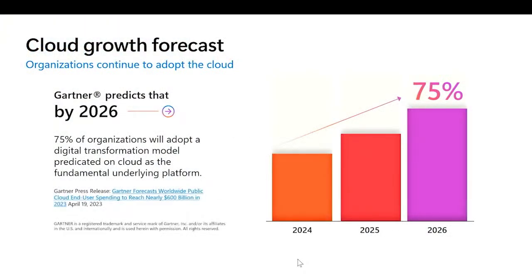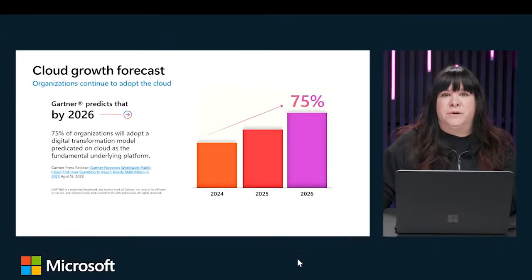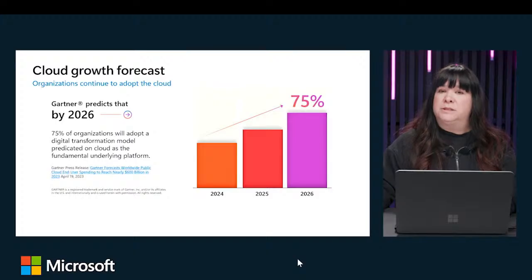With the cloud growth forecast, organizations continue to adopt the cloud. Gartner predicts that by 2026, 75% of organizations will adopt a digital transformation model predicated on the cloud as the fundamental underlying platform. While cloud infrastructure and platform services are driving the highest spending growth, SaaS, software as a service, remains the largest segment of the cloud market by end-user spending.